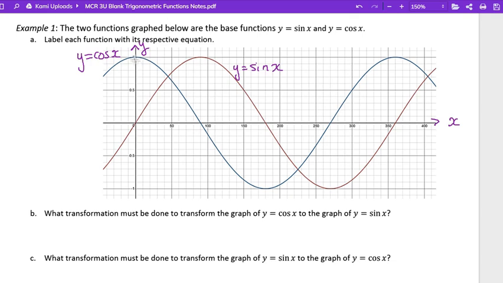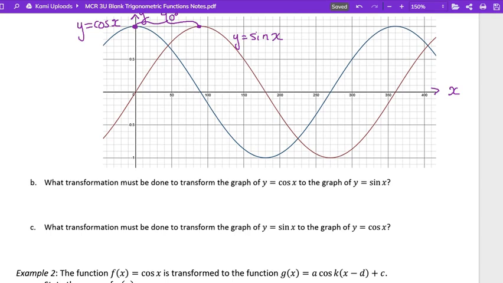So I'm choosing one key point. For the cosine function, I'll choose the peak. And I'm going to look at what is the horizontal difference between the peak of the cosine function and the peak of the sine function. How many degrees between them? 90.